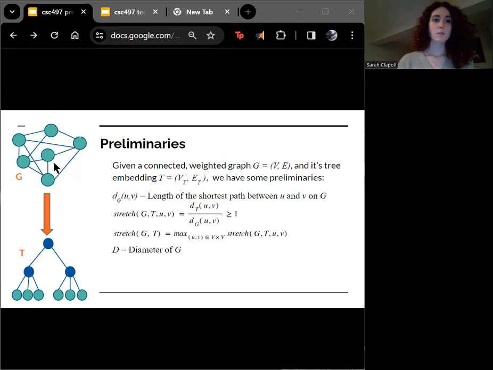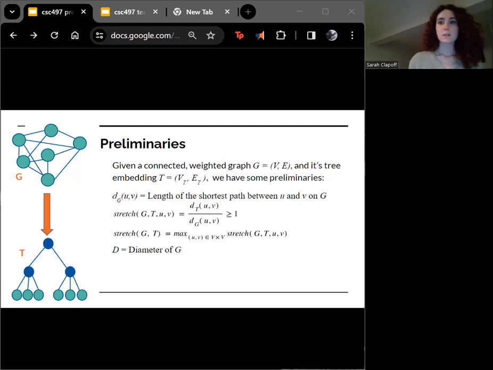The stretch between a graph and its tree embedding is just the maximum stretch between any node pair in G. And then finally, D is just the diameter of G.